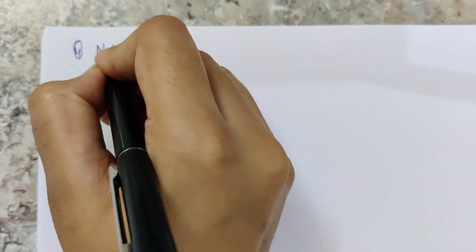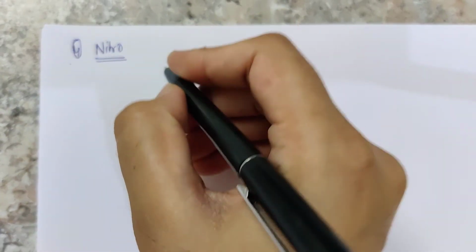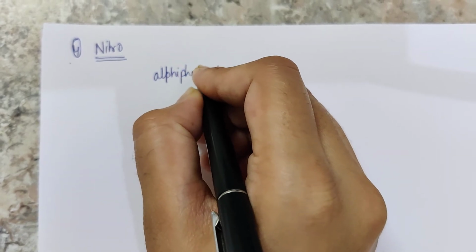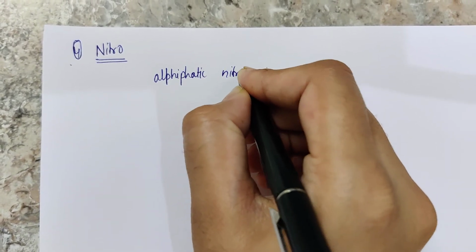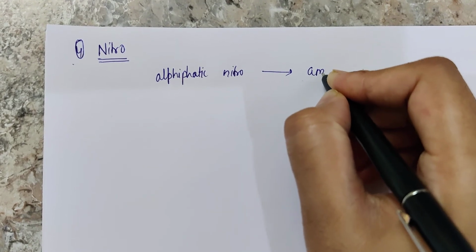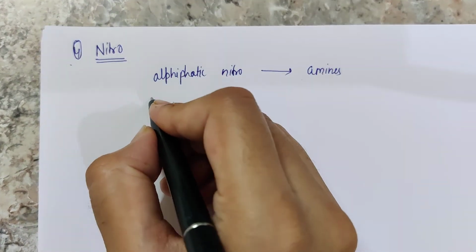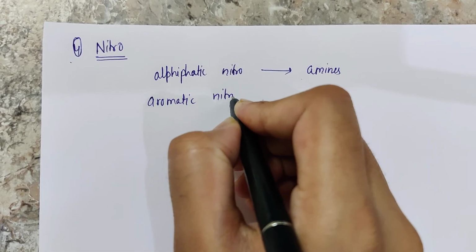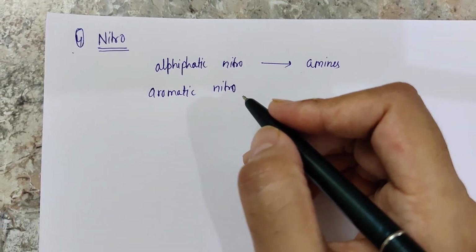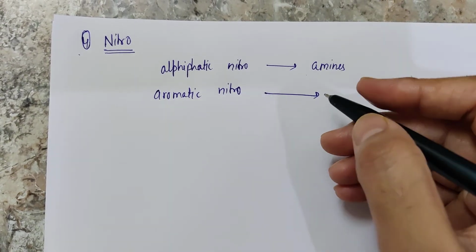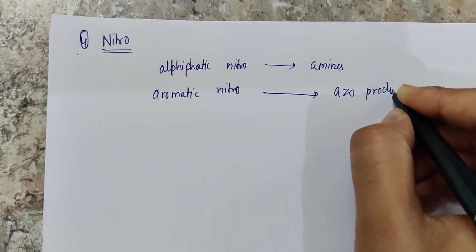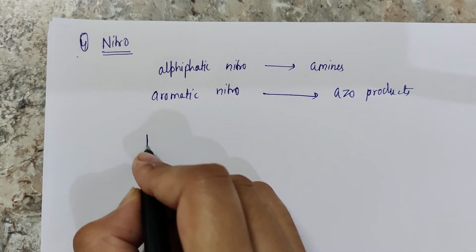Now nitro groups. If aliphatic nitro groups are present, then those are converted into amines. But if aromatic nitro groups are present, then azo products are obtained. Let's see an example.